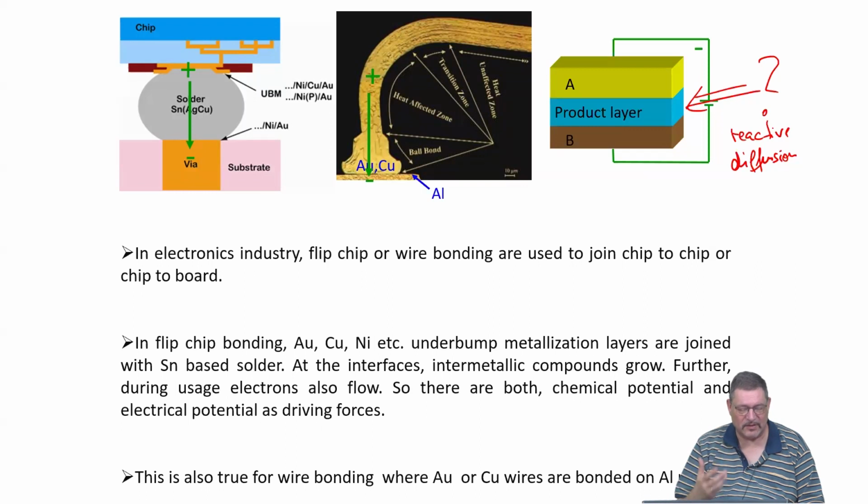And these huge current densities which occur there really require thinking about the diffusion processes, especially under the electron wind effects. And yeah, this is very active research going on.